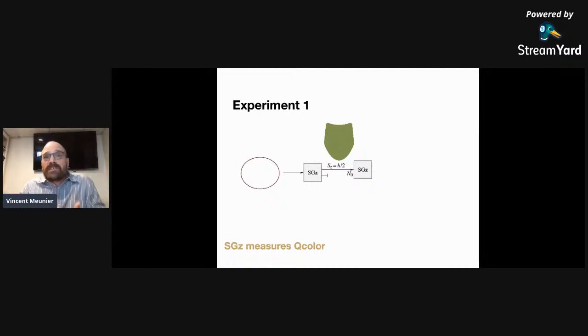Just to explain what I'm doing here, this experiment, which I call SGZ, the Schrodinger measures the color of the monster. We are going to keep all the green monsters, and we are going to again measure the color. So the question you can ask yourself is, which color is going to come out of this?